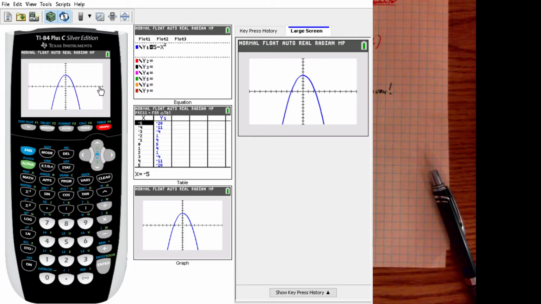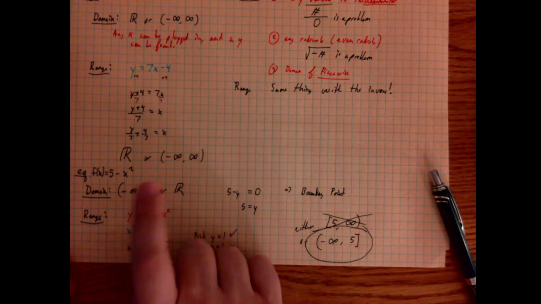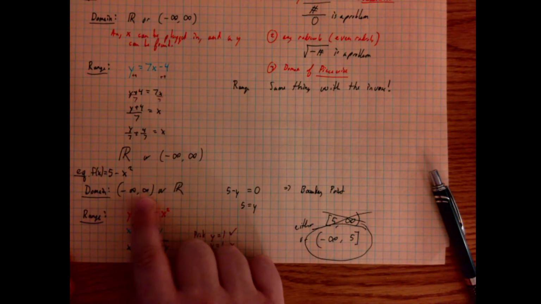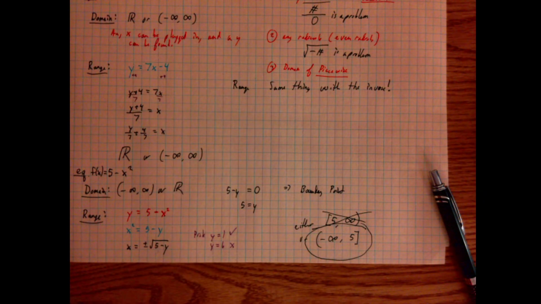Same over here with like 9. If I go over to 9, eventually the graph will meet up somewhere down here. If I was to extend this graph down, yes, it would eventually get there. Same with the negatives, right? And so that's why in my original function, we end up with the domain being all real numbers, because every x gets a solution.